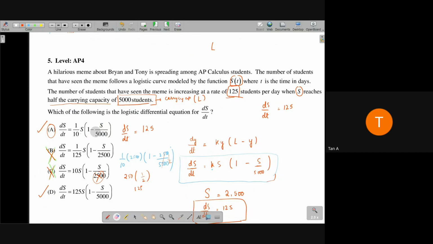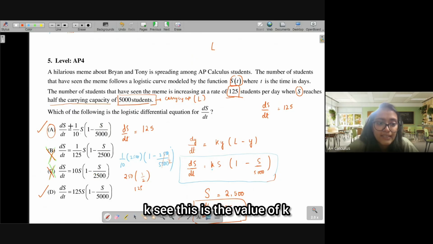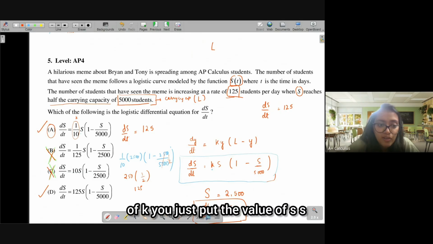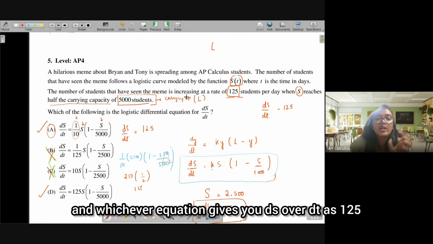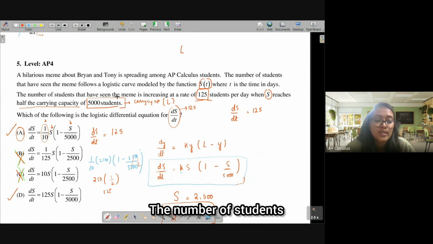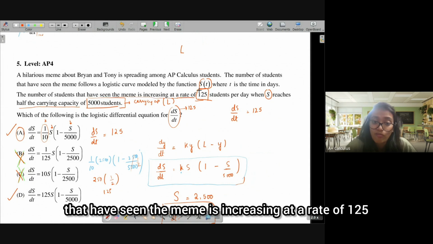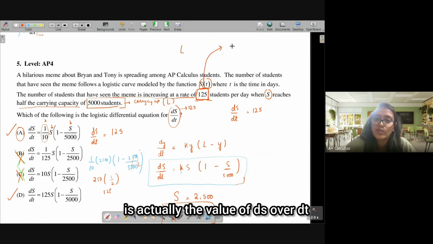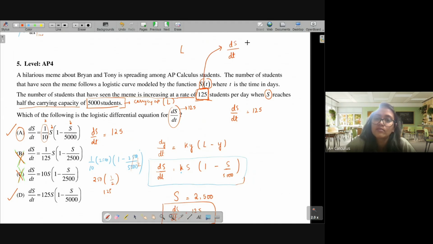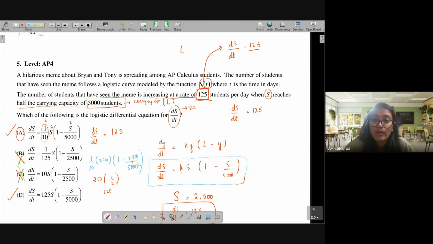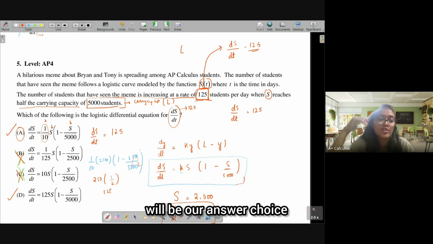So you don't have to find out the value of K. You just put the value of S, and whichever equation gives you ds over dt as 125, because it says the number of students that have seen the meme is increasing at a rate of 125 students per day. This 125 is actually the value of ds over dt. So whichever equation gives you ds over dt as 125, that will be our answer choice.